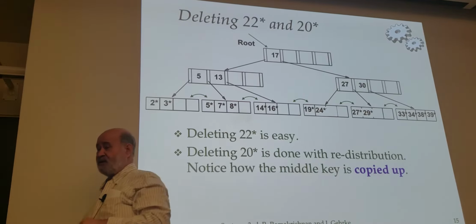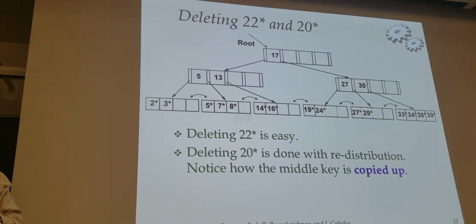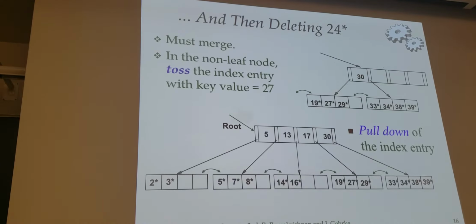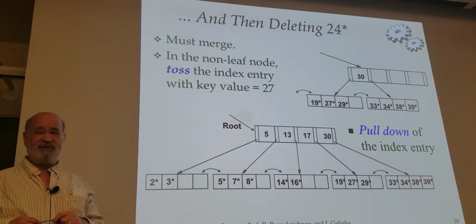So what ends up happening is we get rid of a level of the tree, and we're gonna have a root that ends up having the 5, 13, 17, and 30, not 27.